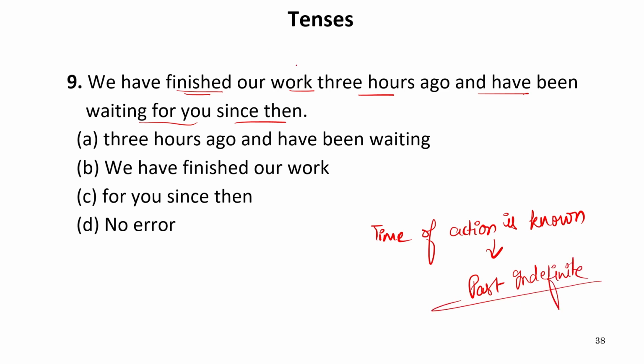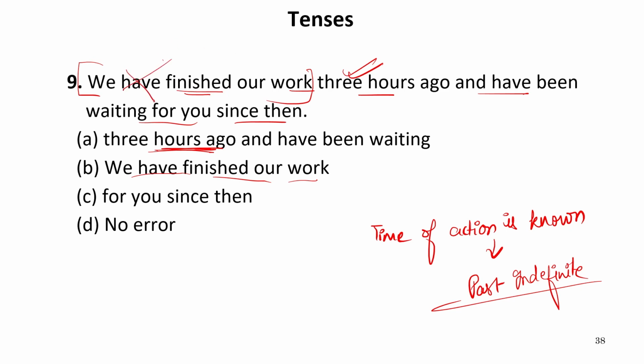So here we know that this activity took place 3 hours ago. So in this sentence, 3 hours ago is written in A part, but the sentence before it, that is, we have finished our work. So this part should be formed in past indefinite tense.